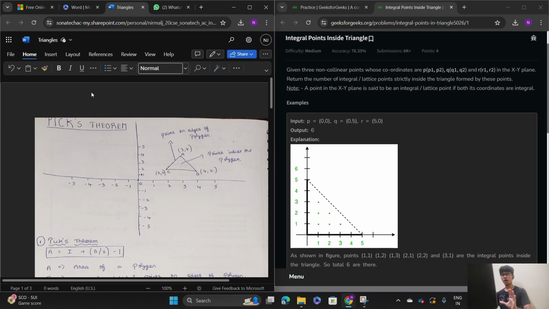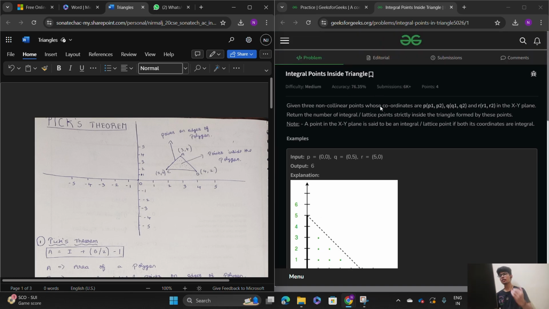It is not only applicable to triangles, it's applicable to all polygons, be it a rectangle, square, parallelogram or anything, except a circle. The reason is that a circle doesn't have any straight lines. To use this theorem, a shape should have at least three straight lines, and a triangle has three straight lines, so in that case we are using Pick's theorem.